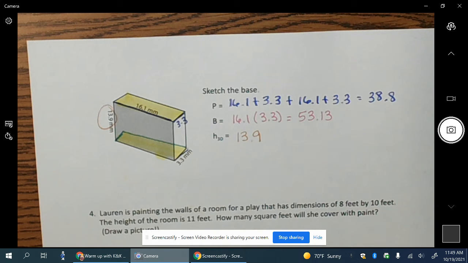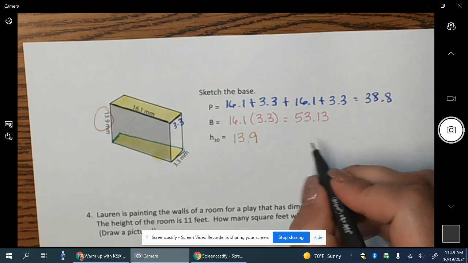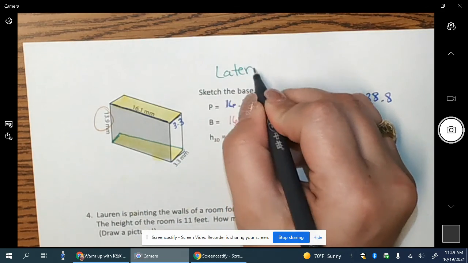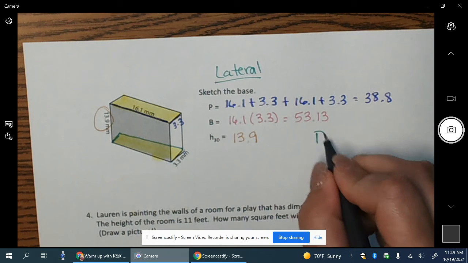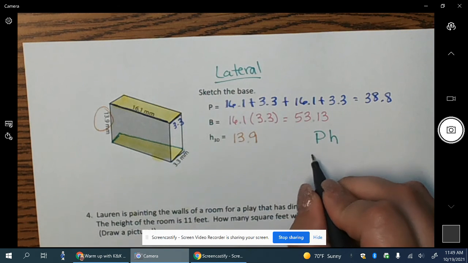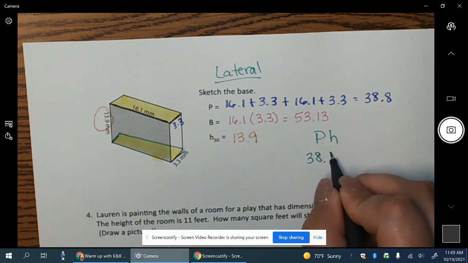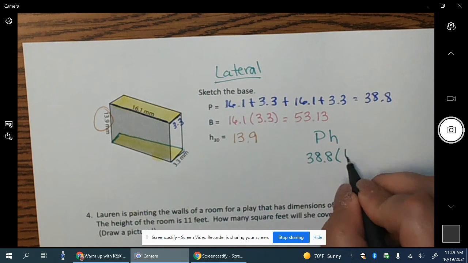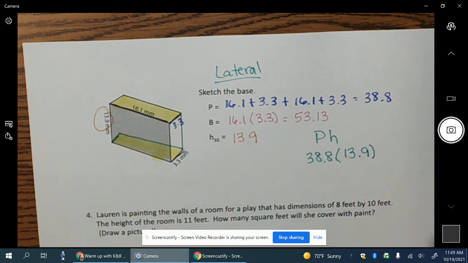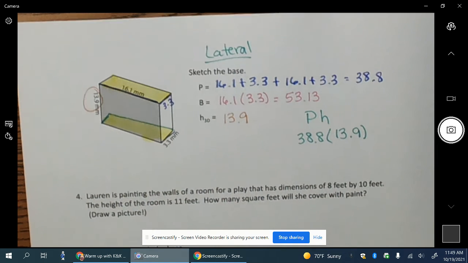Now, Gemma was noticing question 3 on the other side didn't have a picture. That's because I messed up the spacing before I sent it. Number 3 says calculate the lateral surface area. So on this one, do I want the bases? No. What's the formula for lateral surface area? PH. Okay, it said lateral on the other side. That's why I'm using PH. What's the perimeter? 38.8. And what's the height? 13.9. I didn't need big B on this one because the question said lateral.